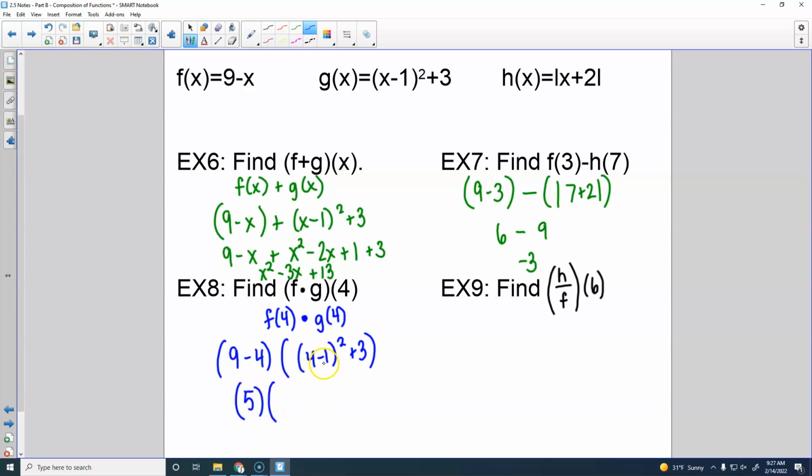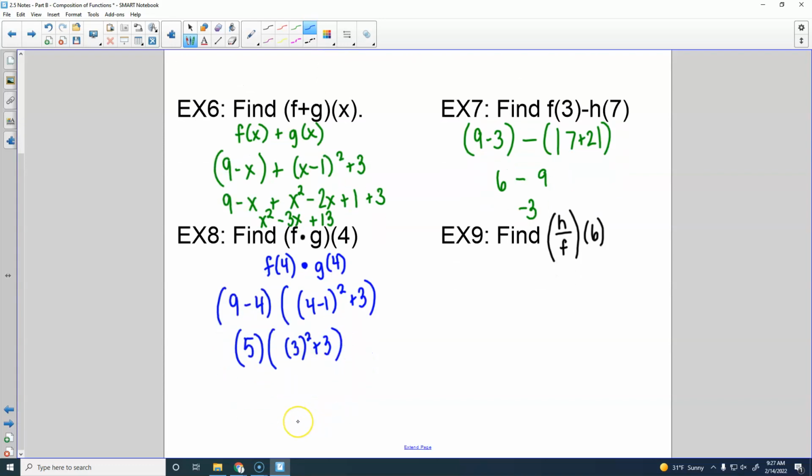And then here, you're going to get 3 squared plus 3, which is 9 plus 3, so we end up with 5 times 12, which will give us 60.